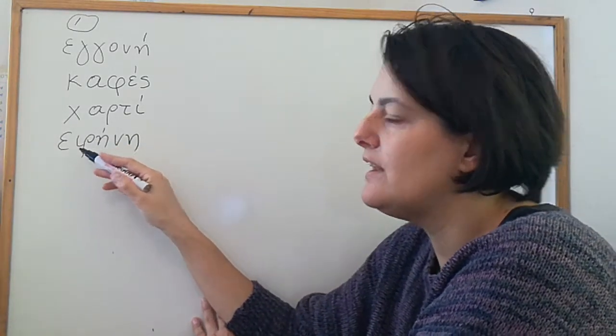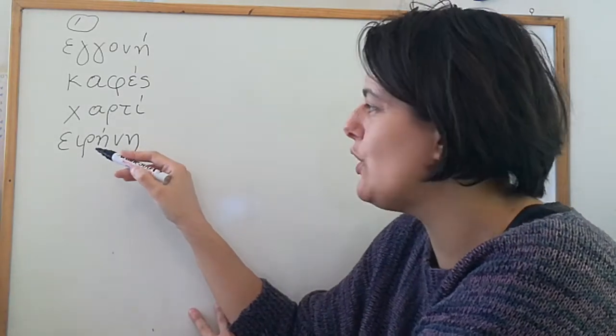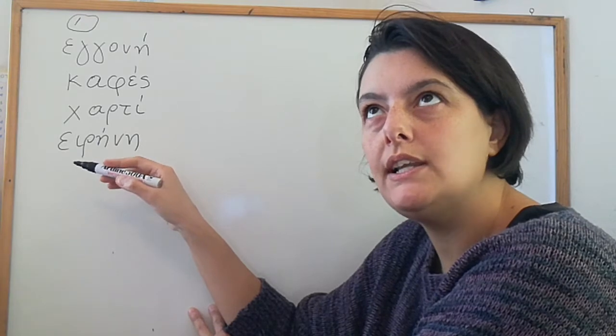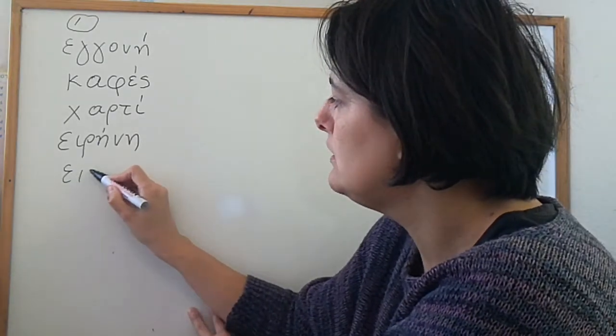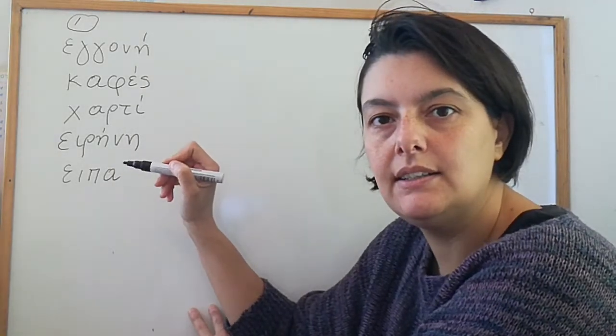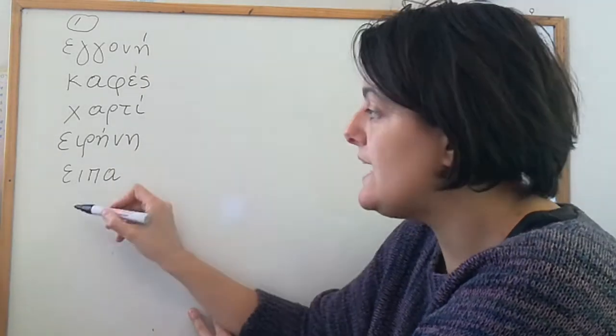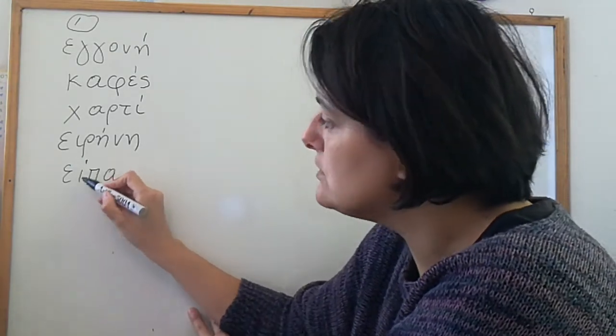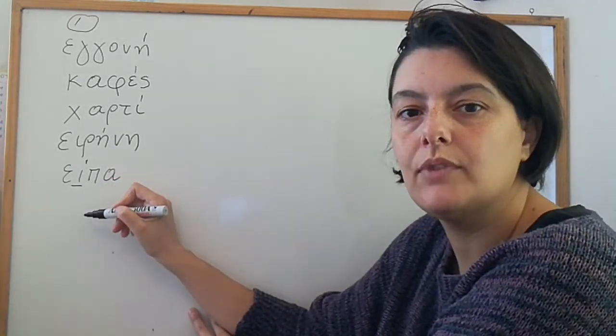Ειρήνη. Okay, now the stress goes into the single one. But if I have the word, let's say, είπα, which means I said. Now, here we say είπα. We put the stress in the second vowel.